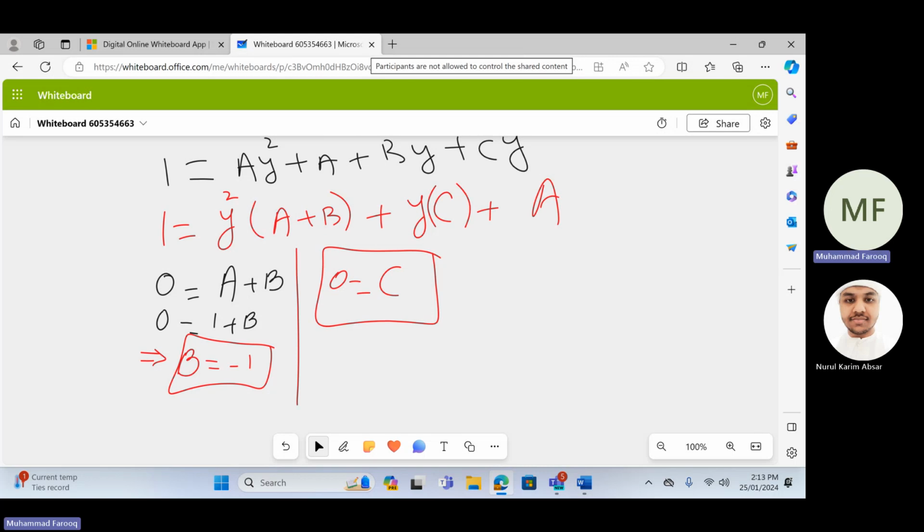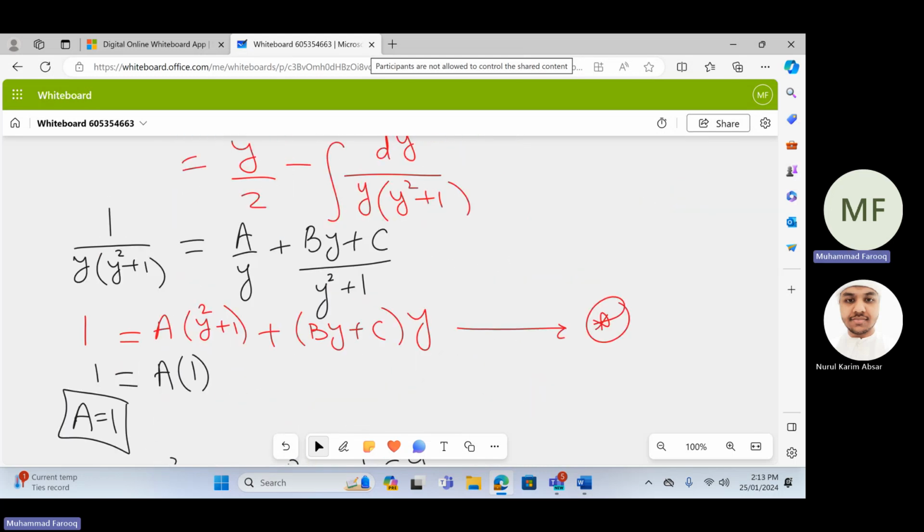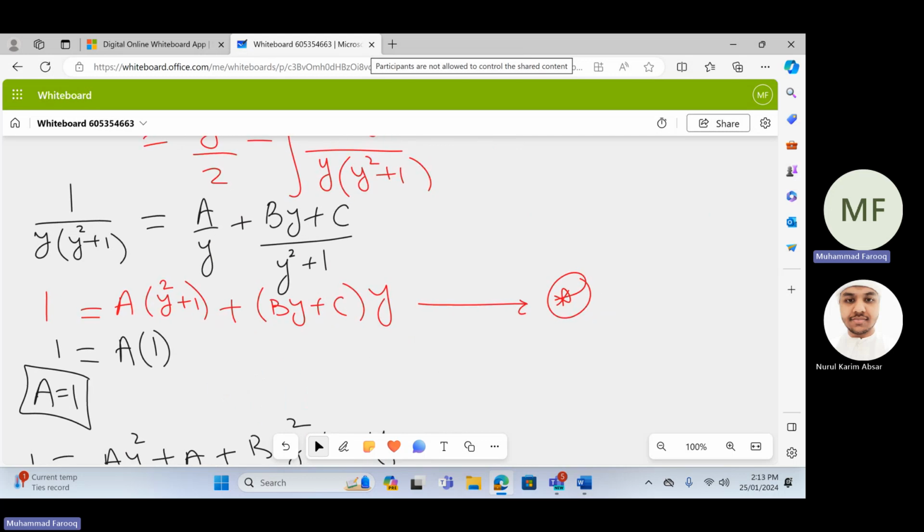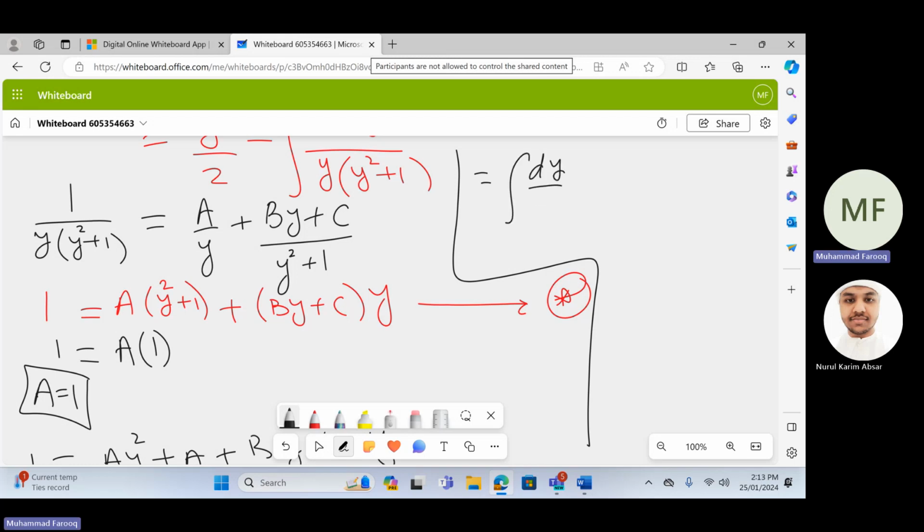Now put A, B, C in the decomposed equation. A, how much, please? 1. So integrate dy over y. Then, what is C? 0.